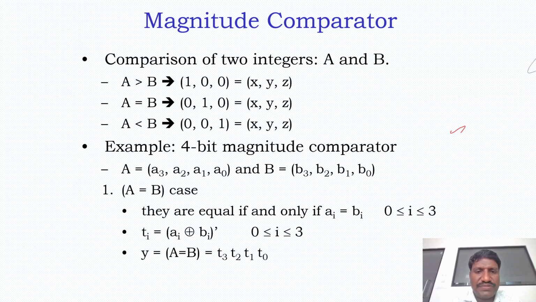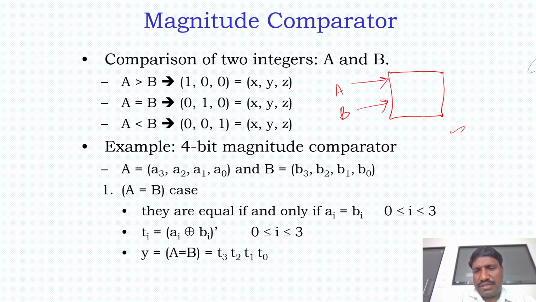For any comparator, as we know, there will be two inputs: variable A and variable B. This is a bus. It may be 4 bits each, or 8 bits each, or 16 bits each. If I draw a line with a cross line and say 4, it is a bunch of 4 wires.